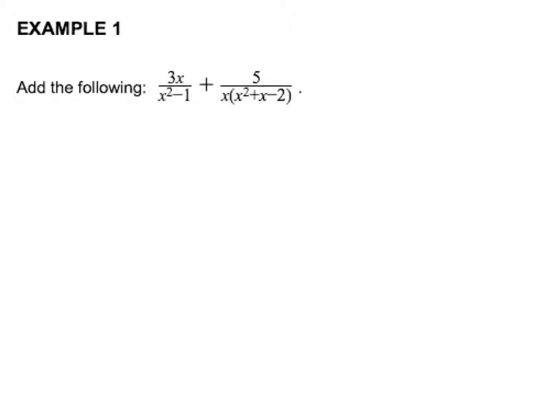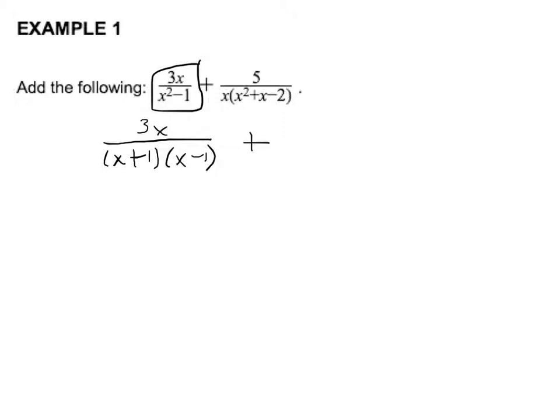So for this example, we're going to do some addition of rational expressions. And the first thing that we always do is factor our expressions. So looking at the first one here, we're going to have 3x on top, nothing to factor there. And then we have a difference of 2 squares. So that's going to be x plus 1, x minus 1.